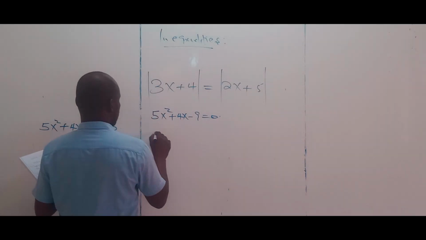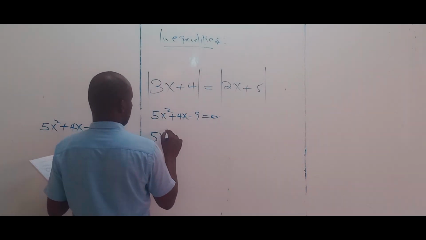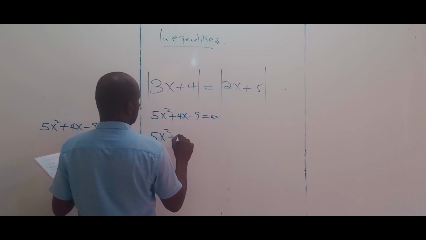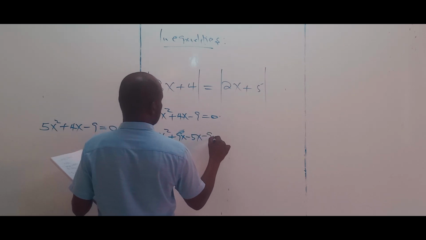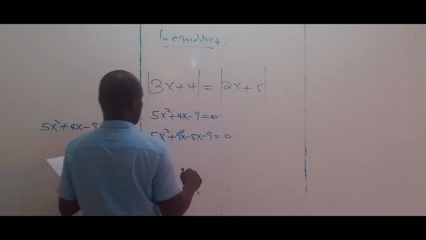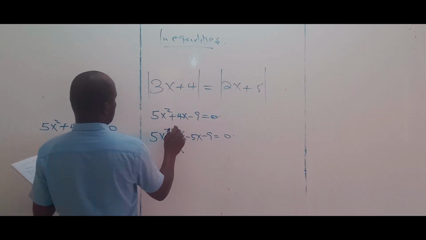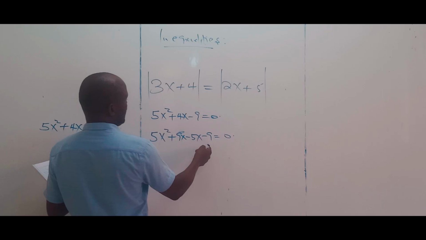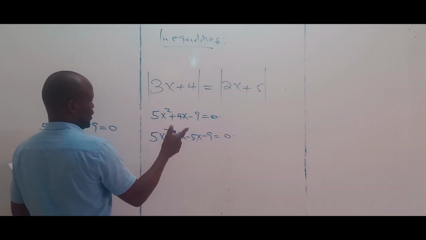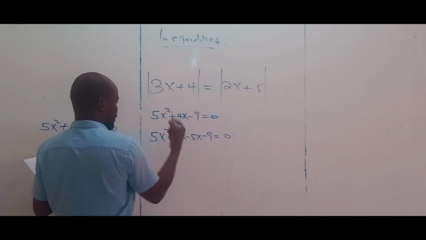So I will come here and say 5x squared plus 9x minus 5x minus 9 is equal to 0. Because if I do this, it's just a way of rewriting the upper one, because 9x minus 5x is still 4x.